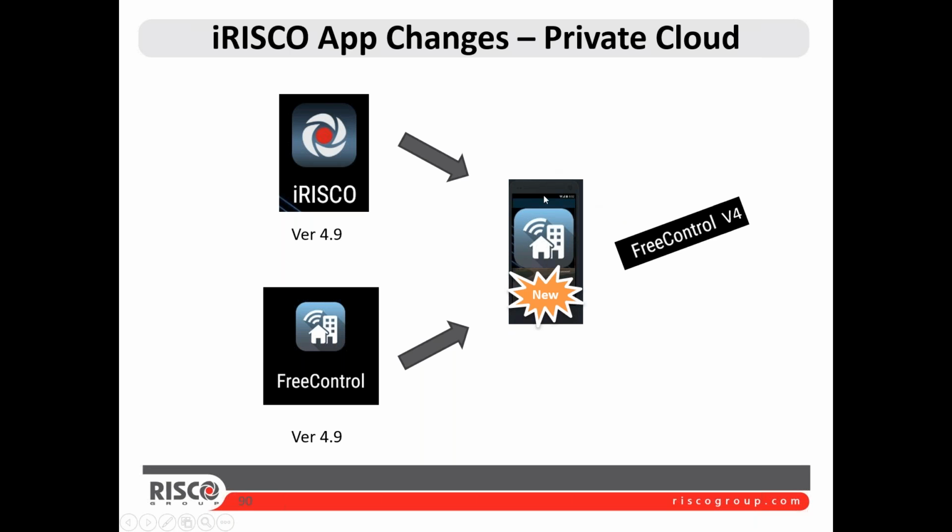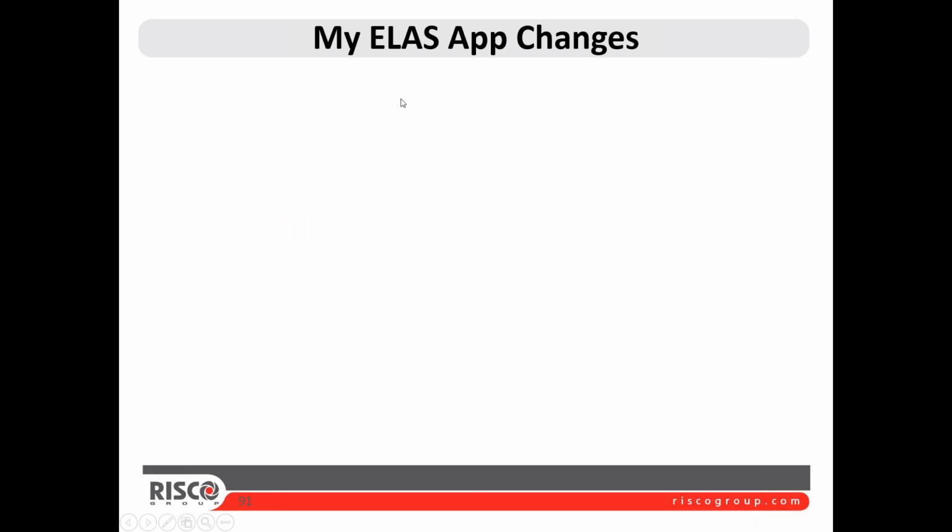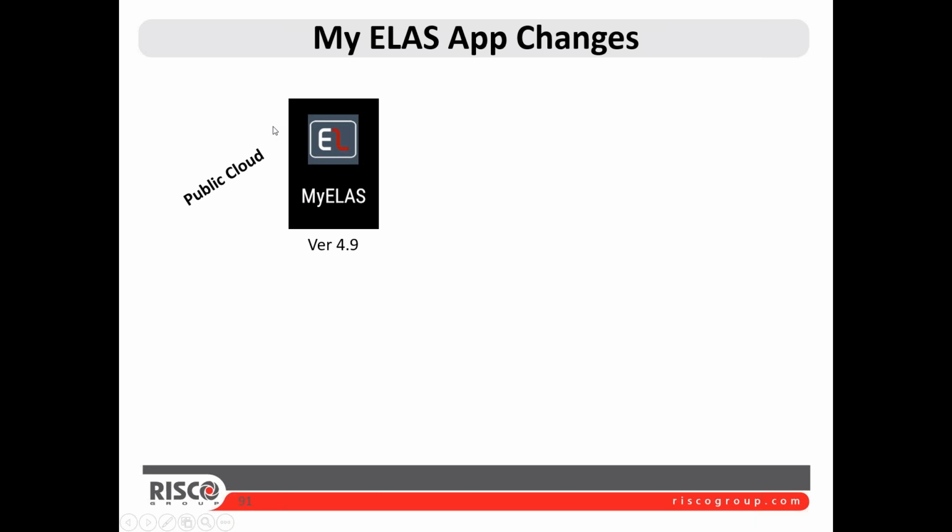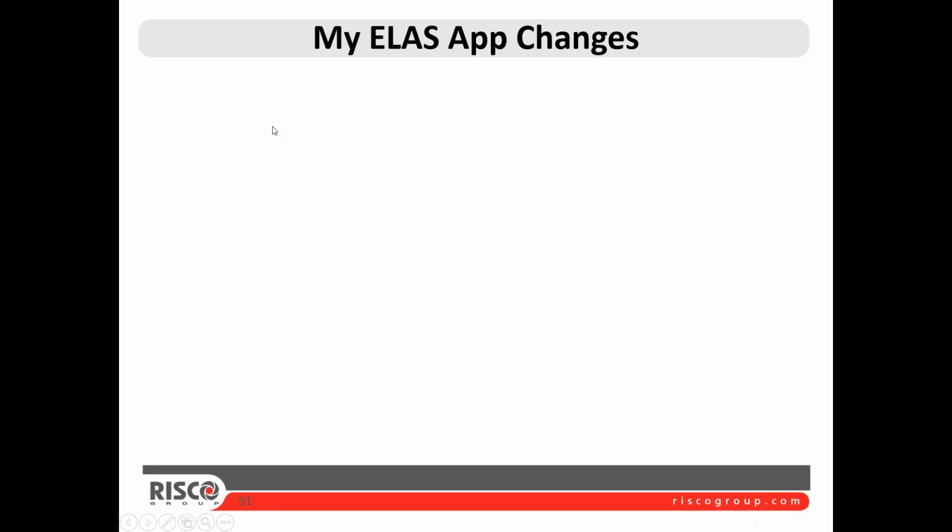Okay, so what will happen is when the iRisco or the free control app is updated, the app will detect that it's got a custom URL, and then it will request the customer to downgrade the app to free control version 4, and it will basically stay with the older version of the app, if that makes sense.